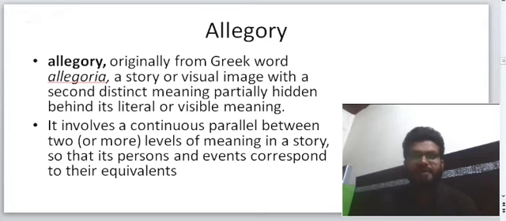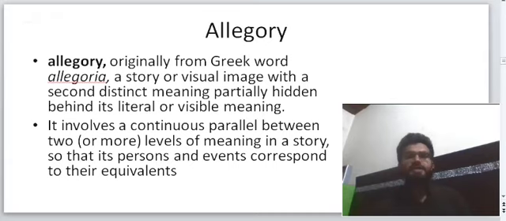And similarly, sometimes explaining and expressing an idea directly does not appeal to the reader as much as it does when the meaning is created and conveyed indirectly.